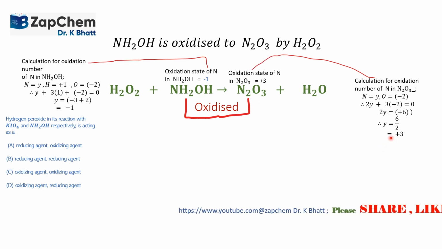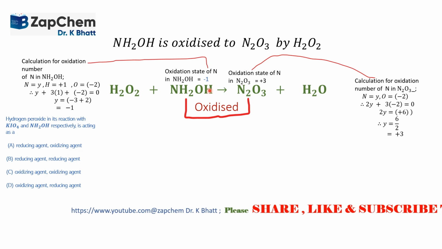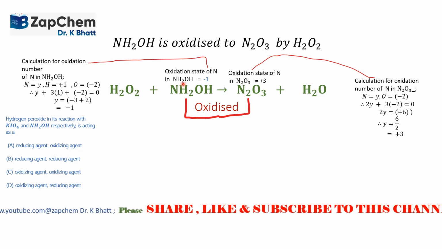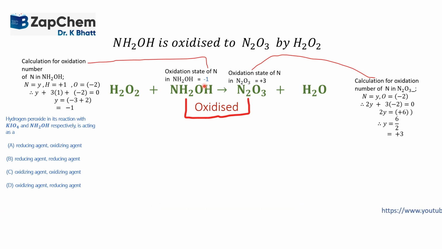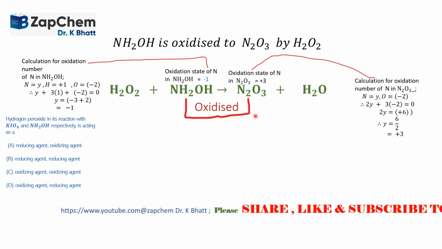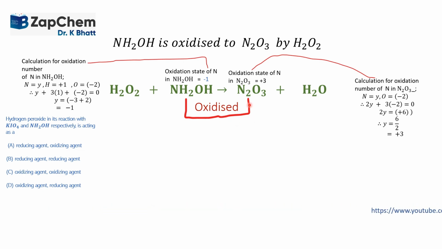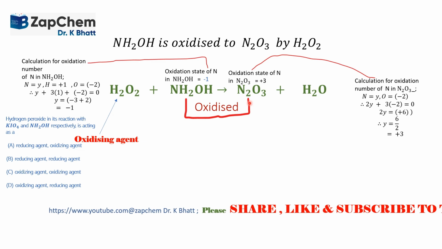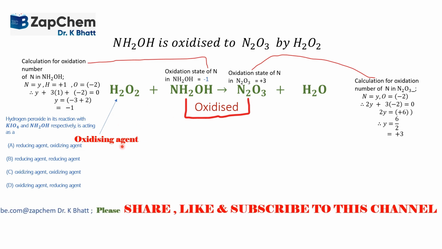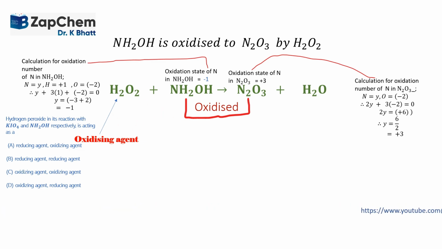So we find that the oxidation state of nitrogen in hydroxylamine has changed from -1 to +3. That means there is an increase. So increase in oxidation number means NH2OH is oxidized. Now, with all these concepts, we finally get that H2O2 acts as an oxidizing agent here.